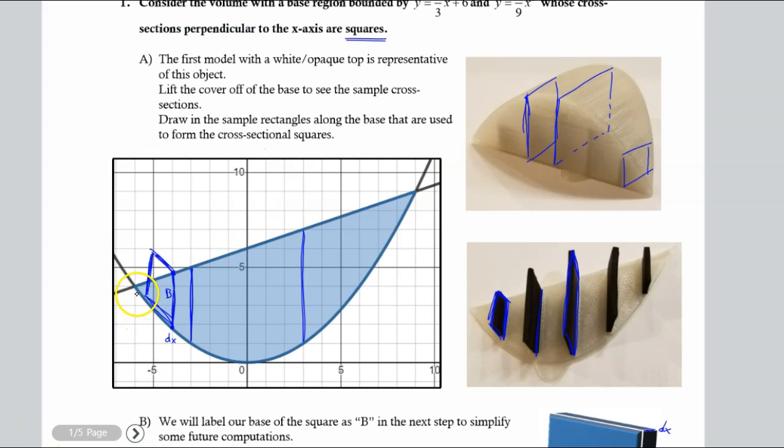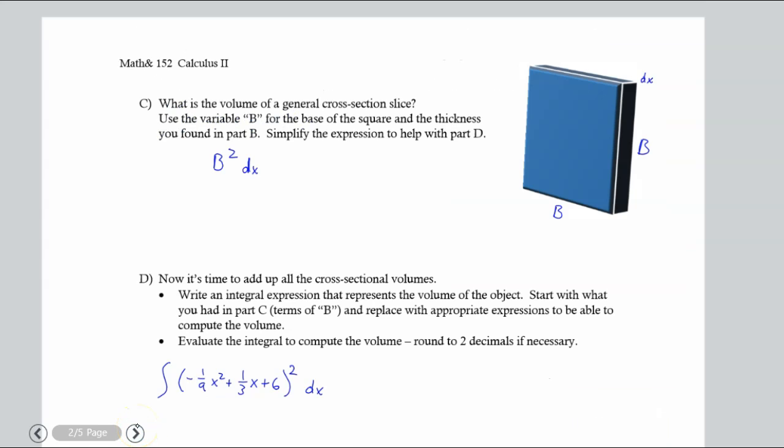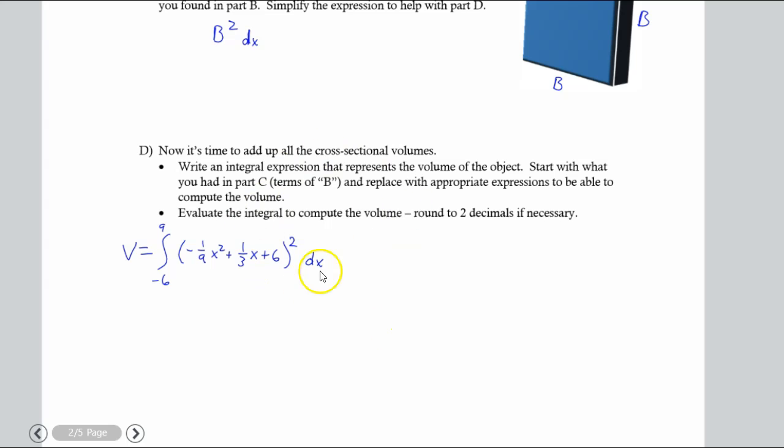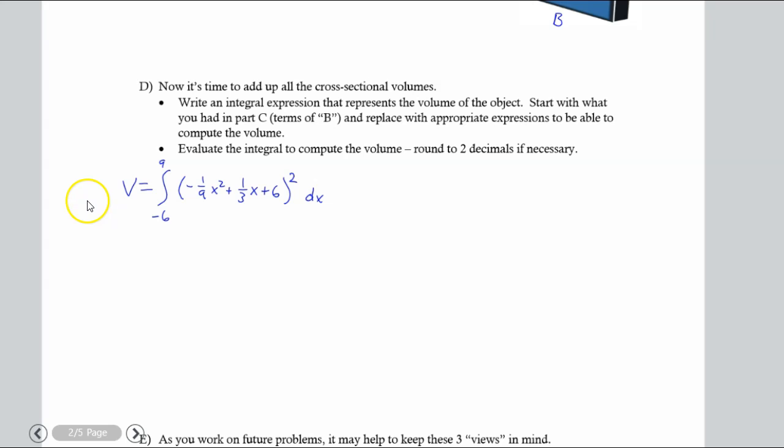It looks like it was running from -6 to 9 at those two points, so x is -6 to x is 9. So we'll say -6 to 9, and that would be my volume. And then, of course, you can just plug that in and evaluate it on your calculator or on Desmos or something similar. So we'll go calculate that out and see what we get.